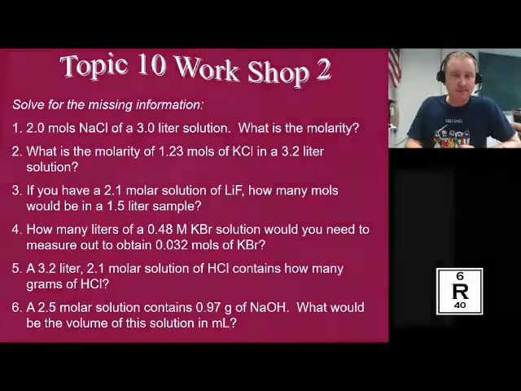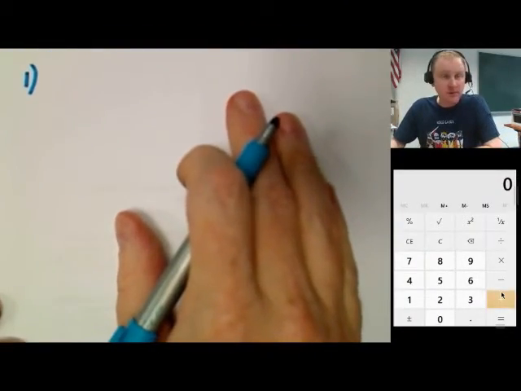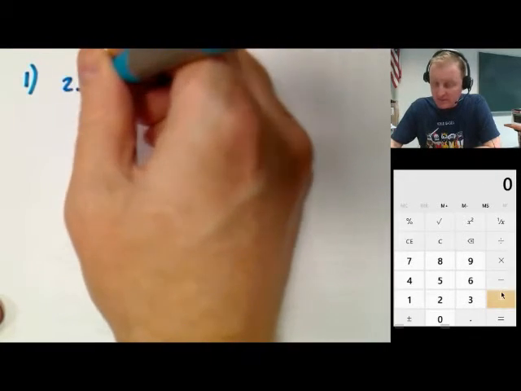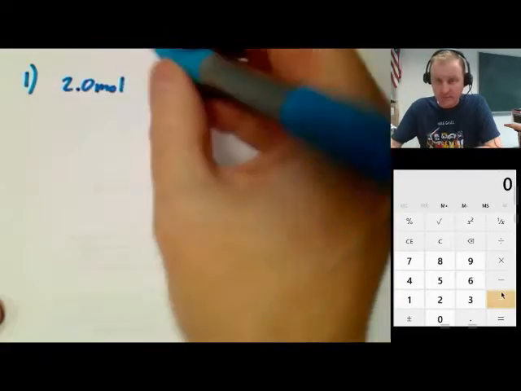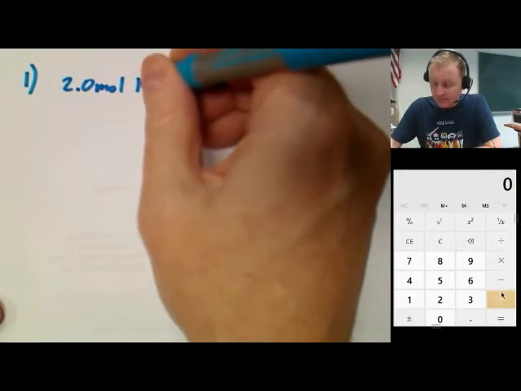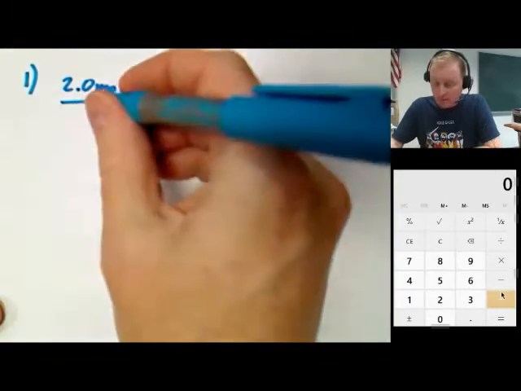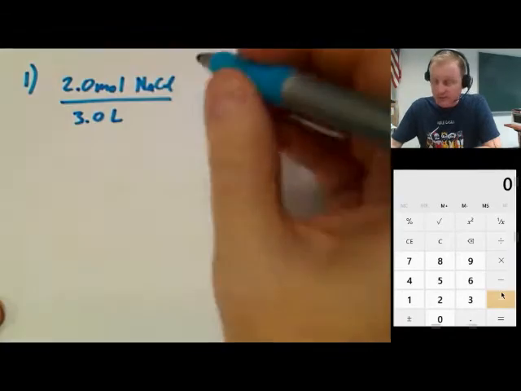All right, so let's try number 1. We've got 2.0 moles of sodium chloride, and it's in a 3.0 liter solution.